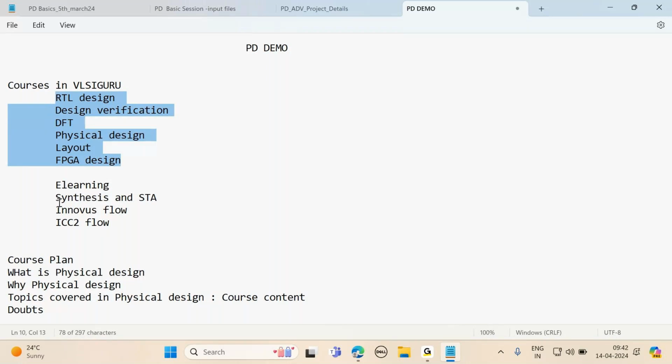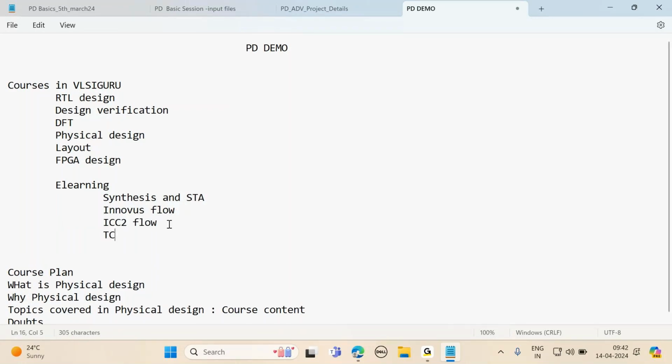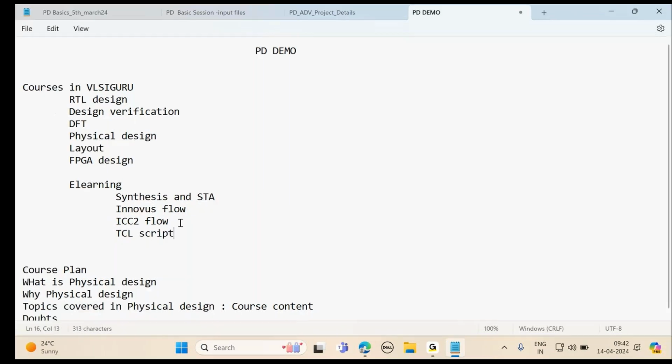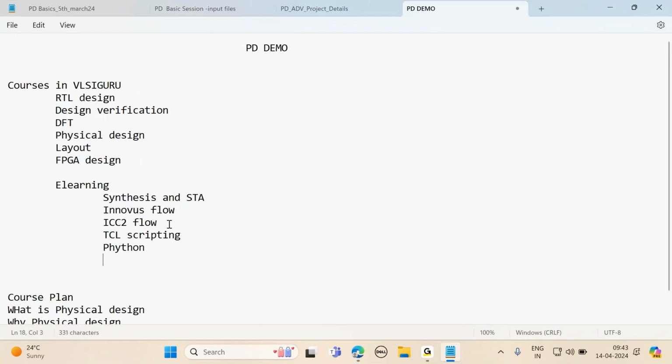The e-learning courses are synthesis and STA, meaning recorded videos will be given to you for these courses. So you have Innovus flow, IC2 flow, TCL scripting, Python, like this. All these are small courses, and even protocols.